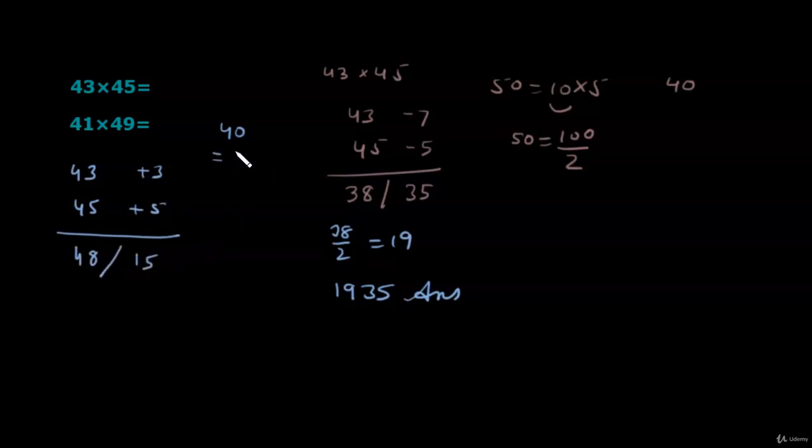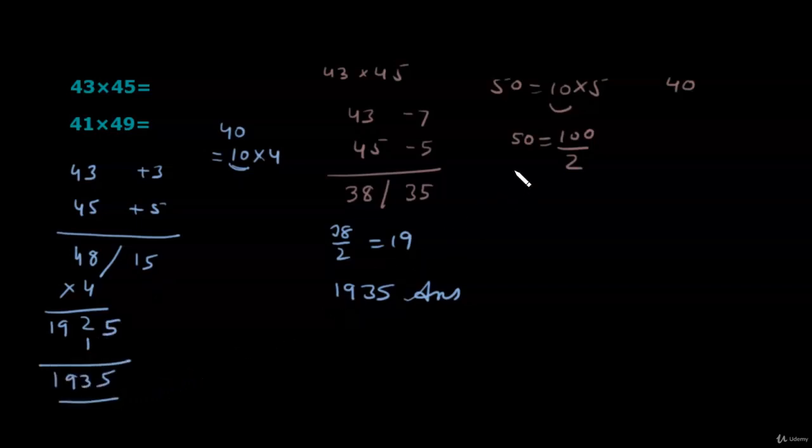Now 40 is 10 times 4 and here 4 is submultiple. So we have to multiply 48 by 4. This becomes 192. Because the main base is 10, second part has to be a 1-digit number. So we write 15 like this. So answer becomes 1935. So this is how we deal with different bases and different techniques.